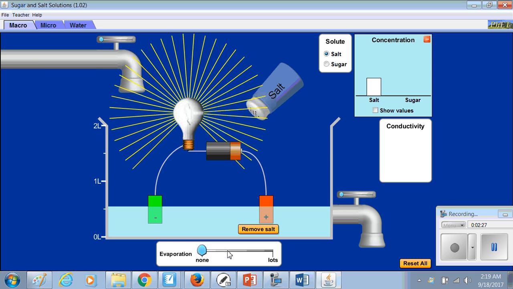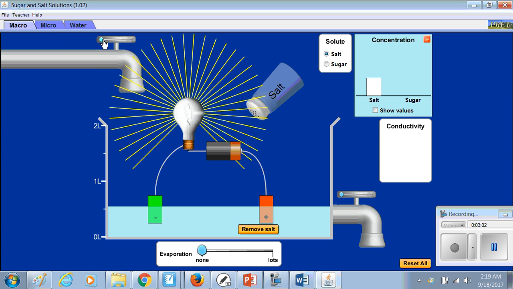I have the same amount of salt ions, sodium and chloride ions, in the solution, but less overall solvent. So I've got the same amount of solute particles in a smaller volume of solution, which makes my solution more concentrated. Per volume of water I've got more ions, and so there's greater conductivity.